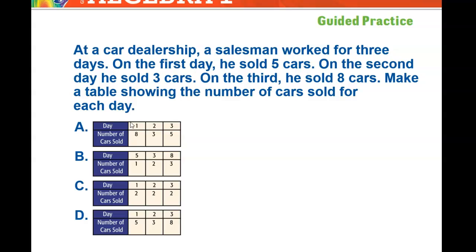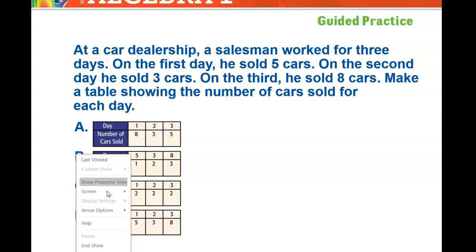Right away, I'm looking at the day and the number of cars sold. So here it's day 1, 8 cars. Well, that doesn't match the description. So in my head, I'm basically saying, okay, that can't be.